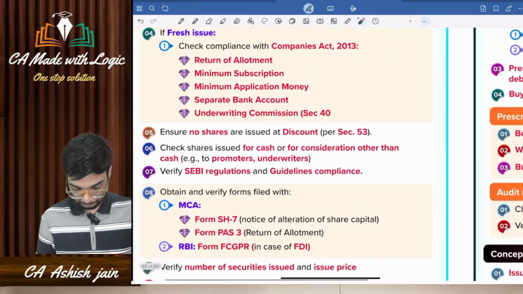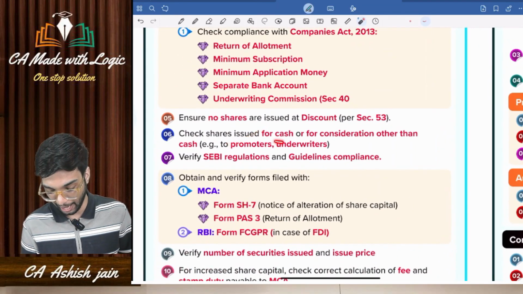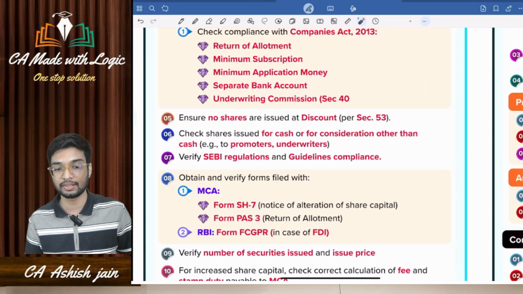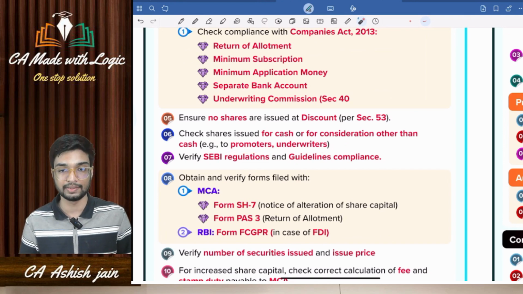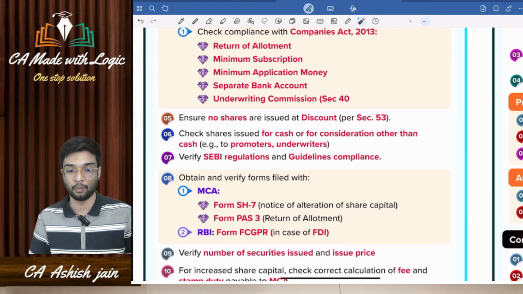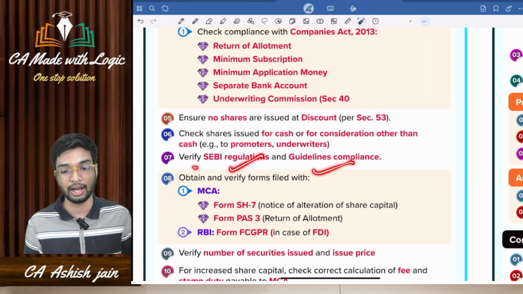Then check whether shares are being issued for cash or for consideration other than cash. Other than cash means, for example, you are giving shares to the promoters or underwriters in exchange for intellectual property rights or know-how. Then the auditor is going to verify compliance with SEBI regulations and guidelines.